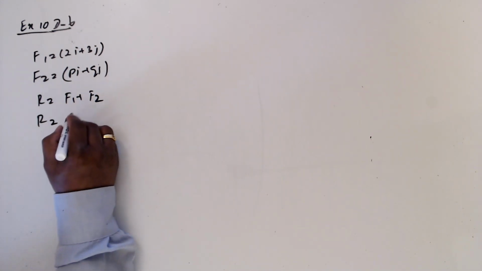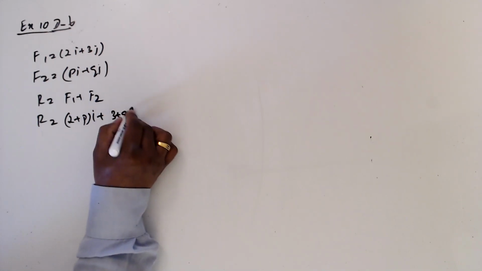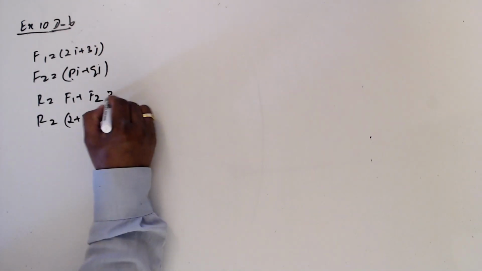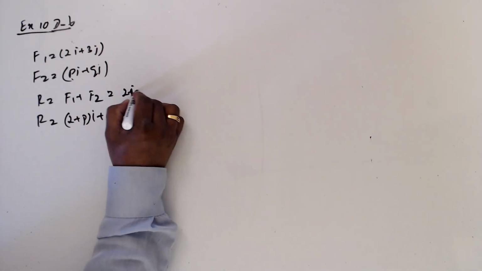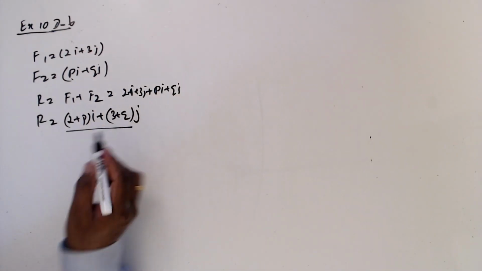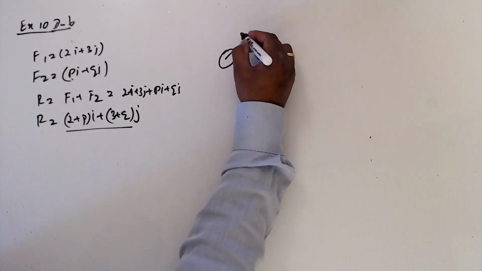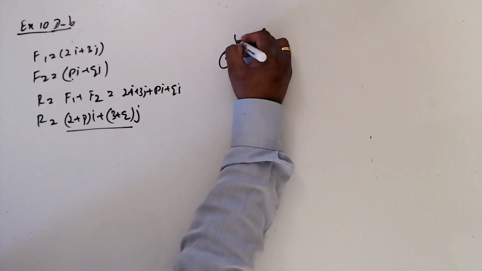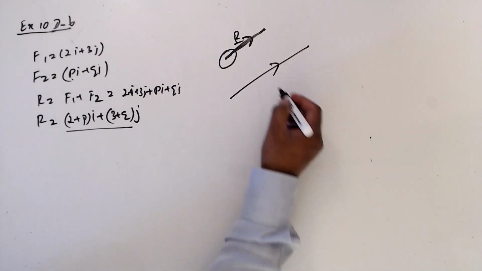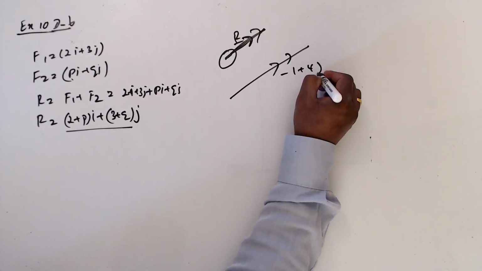So R equals 2 plus p i plus 3 plus q j. Now it is given that the direction of R is parallel to the vector minus i plus 4j.